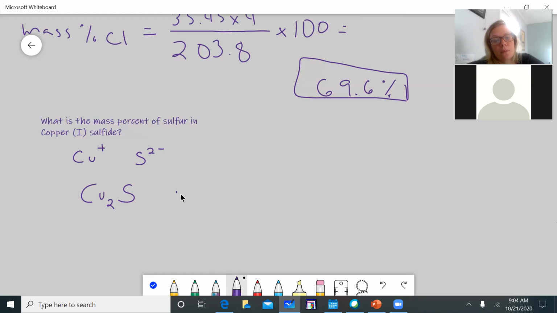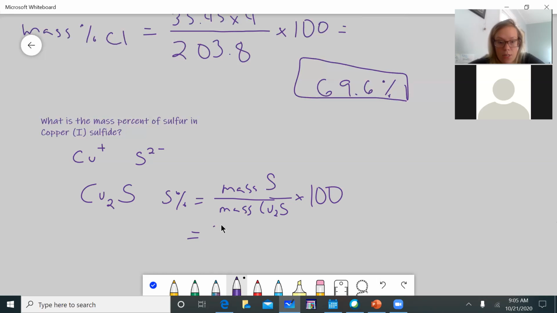So sulfur percent is going to equal the mass of the sulfur over the mass of the Cu2S, times 100. We only have 1 sulfur, so it's just going to be 32.066 all over the total mass.